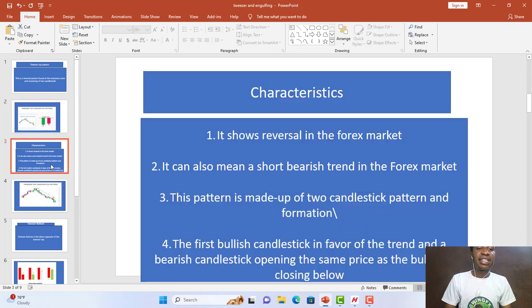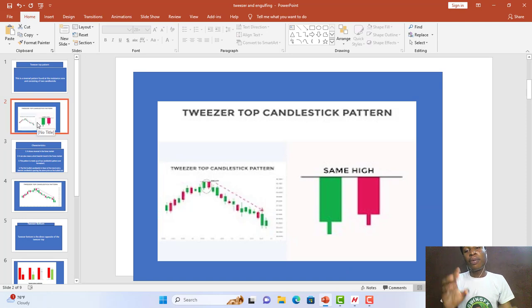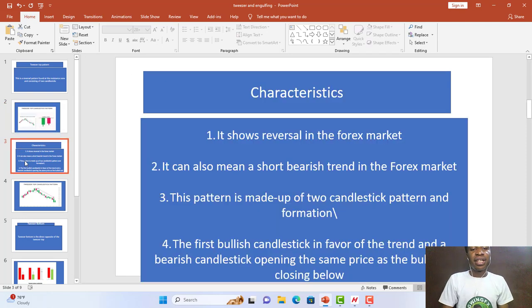You can see the characteristics which were listed. It shows reversal in the forex market. It can also mean a short bearish trend in the forex market. That's one of the flaws of this tweezer top, that the trend most times does not last long. This pattern is made up of two candlesticks, right? The first, the bullish, and the second, the bearish.